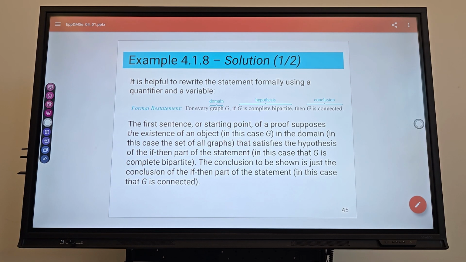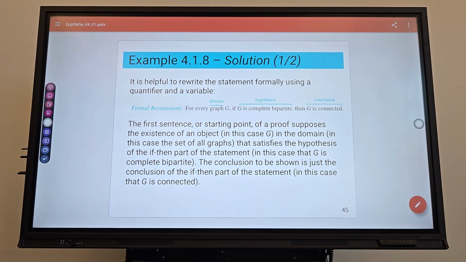So, rewrite the statement formally using a quantifier and a variable. The first sentence or starting point of a proof supposes the existence of an object, in this case G, in the domain, the set of all graphs, that satisfies the hypothesis of the if-then part of the statement.